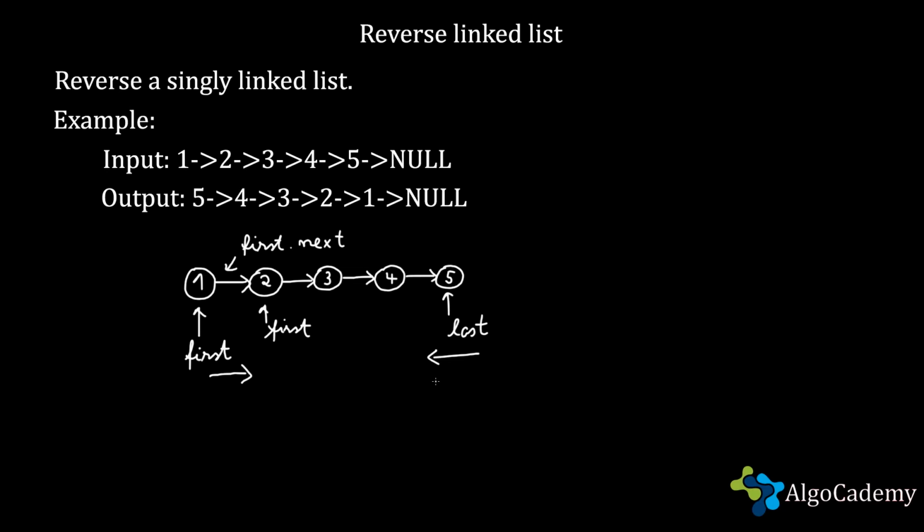And because this is only a singly linked list, it's not a doubly linked list where we also had a previous link which pointed to the previous node, this can't be achieved. We can swap the values of first and last, very good, in constant time. We can move first to the right, very good, in constant time, but we cannot move last to the left as we don't have a link to the previous node. So this solution is not going to be the right one.